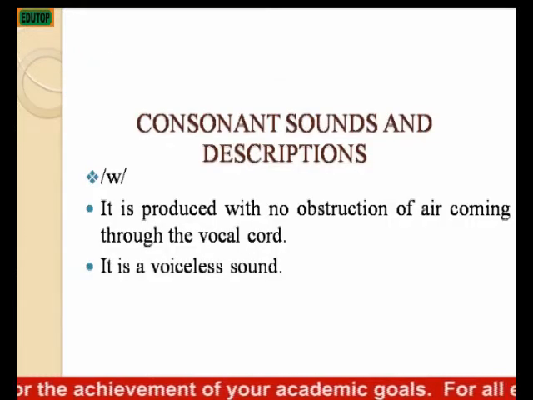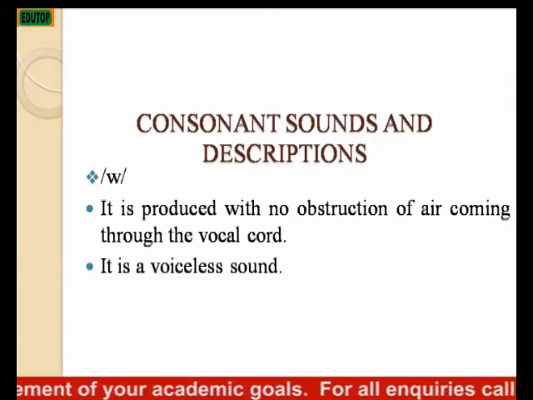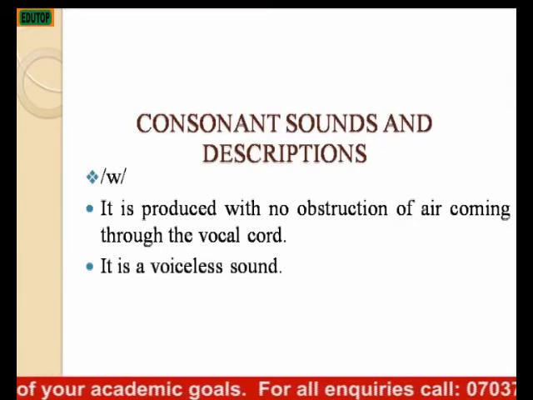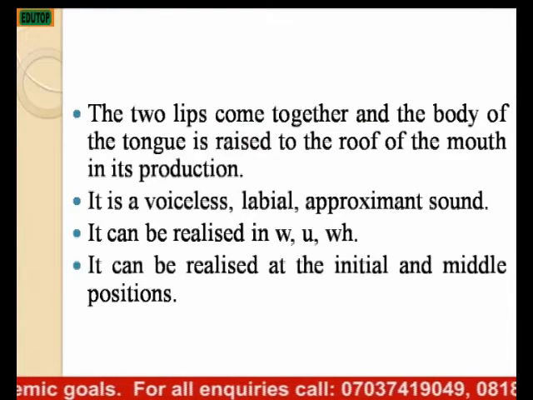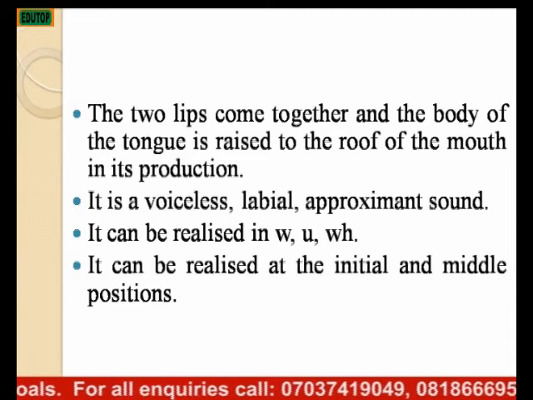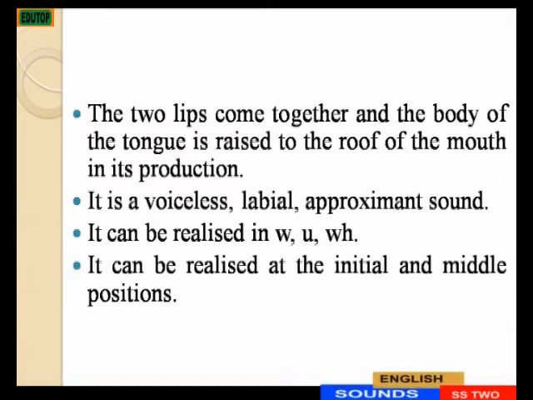The w sound is produced with no obstruction of air in the vocal cord. It is produced with the two lips coming together, and the body of the tongue raised to the roof of the mouth. Therefore, it is a voiced bilabial approximant sound. It can be realized in spellings like W, U, and WH.